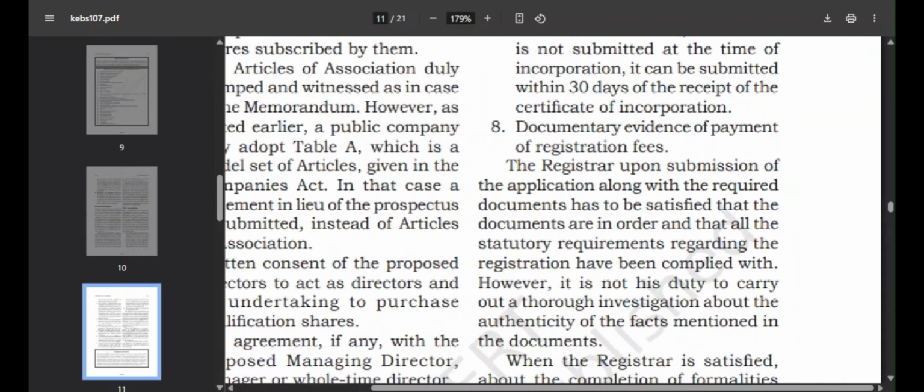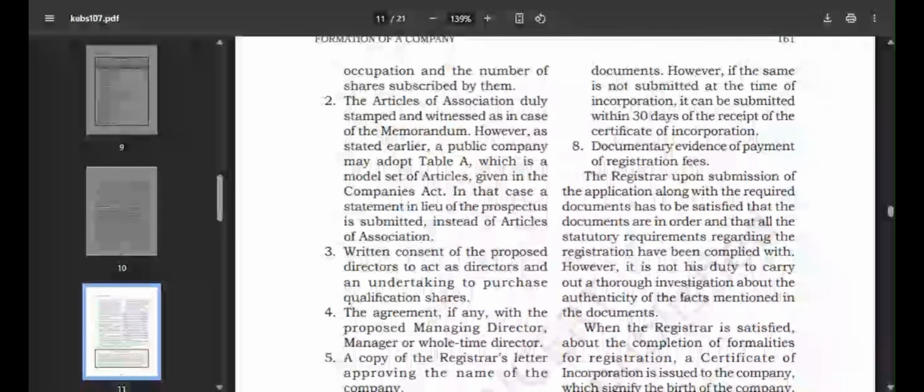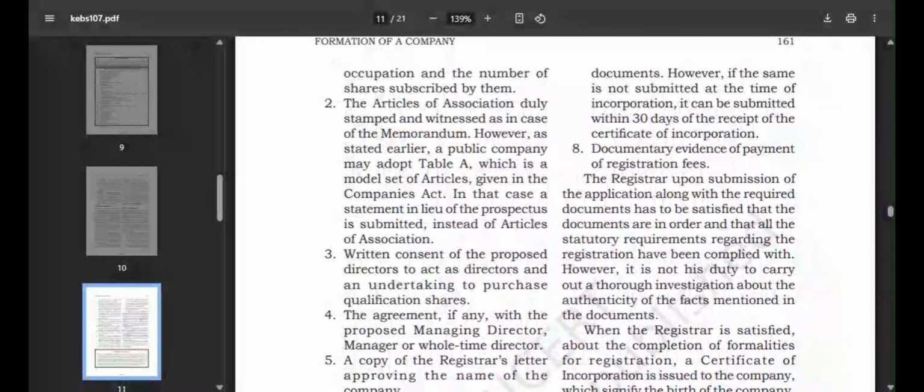See, there are cases where the documents submitted might be fake or might not be true as to the composition of the company. So it is not the duty of the registrar to investigate if the documents are real or fake, right?